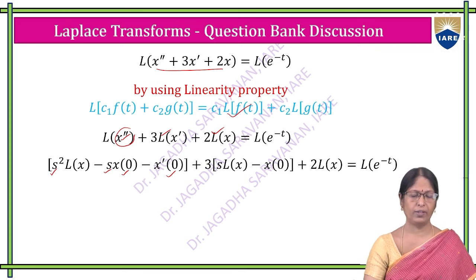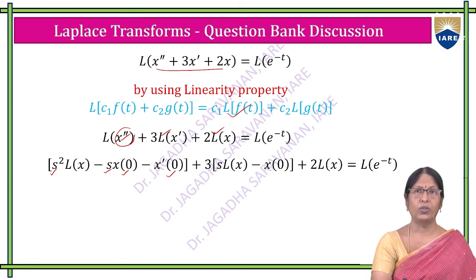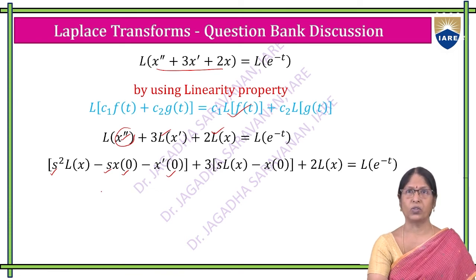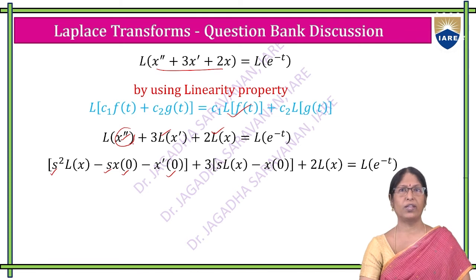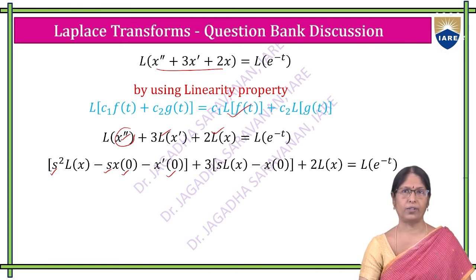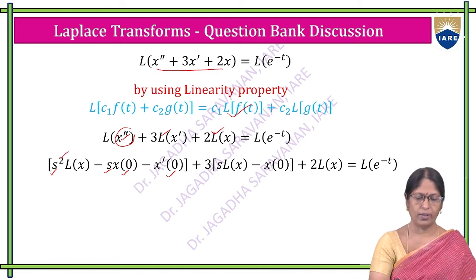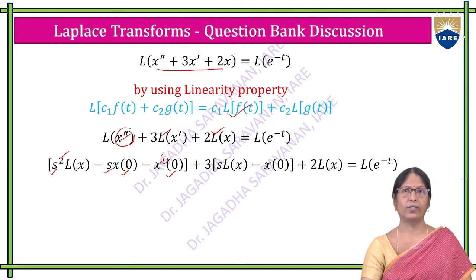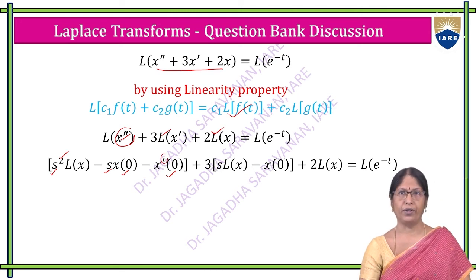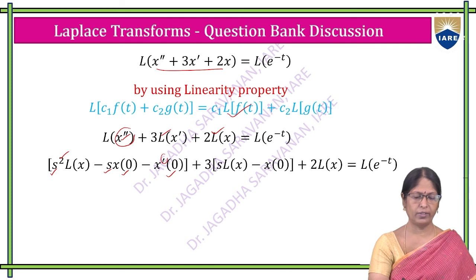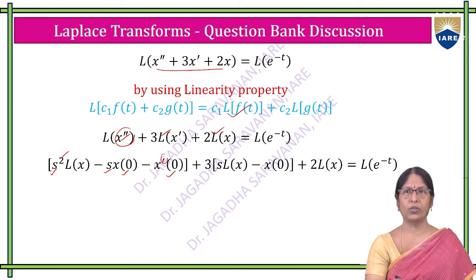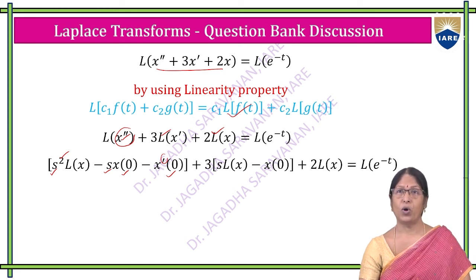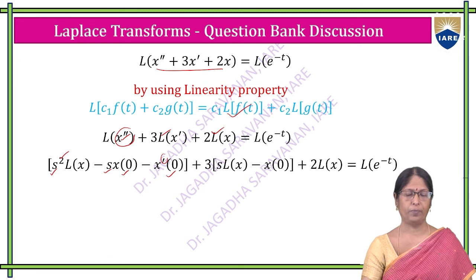Easily we can check it. For two derivatives, we start with s square. Suppose in the question 3 derivatives are there, we start with s cube. If it is square, the ending will be 1 derivative less. Suppose 3 is there, here 2 will be stopped. If not, we applied the formula in a wrong way, which gives us an indication.